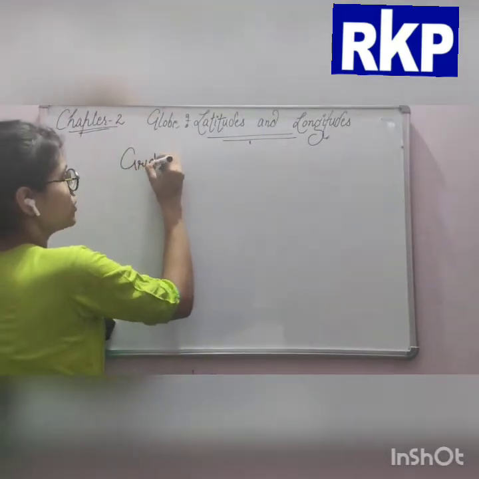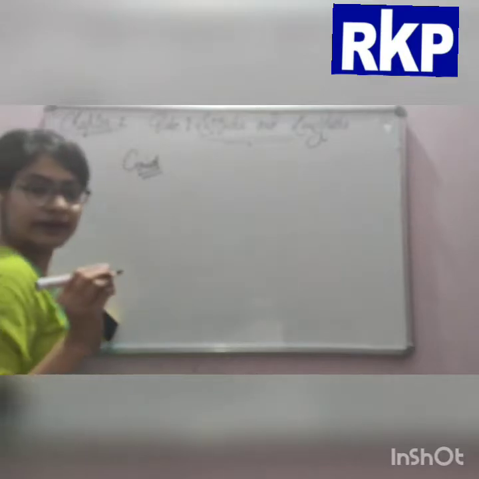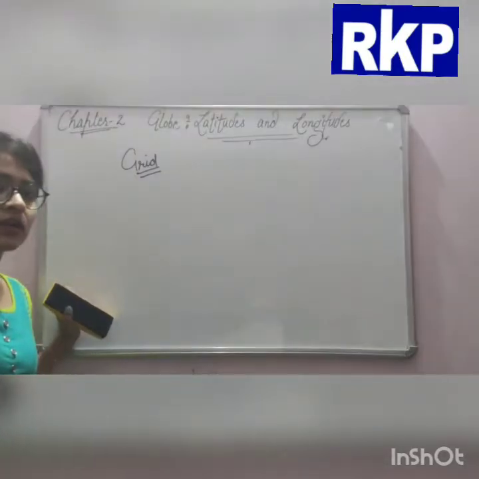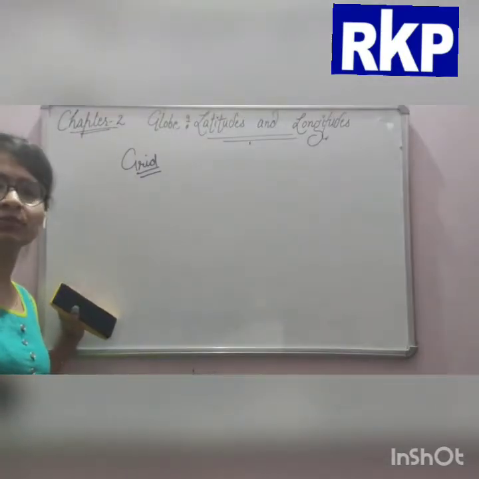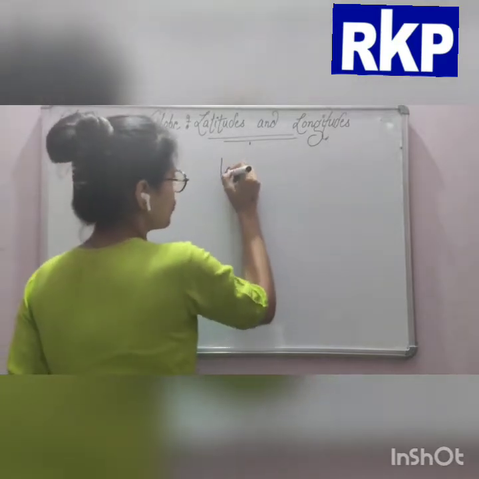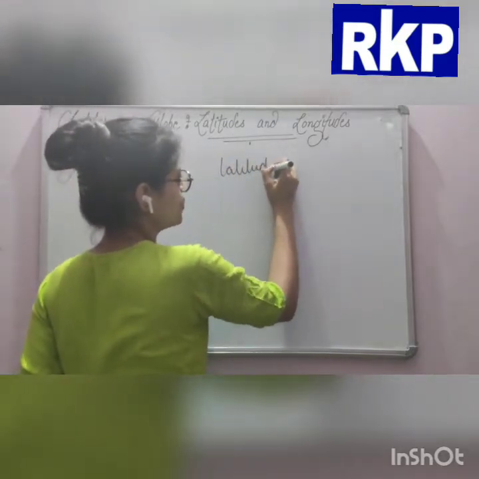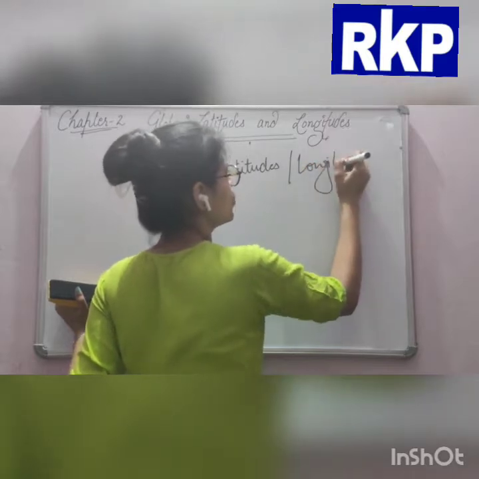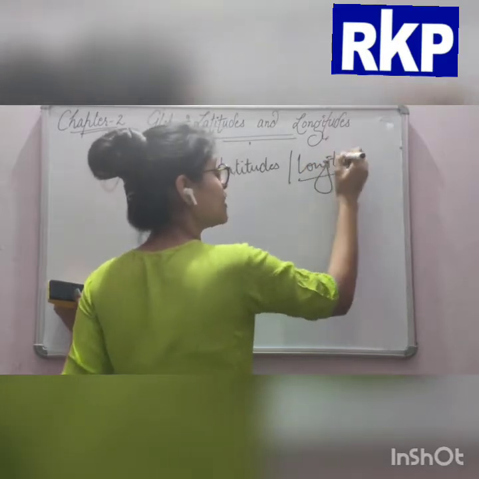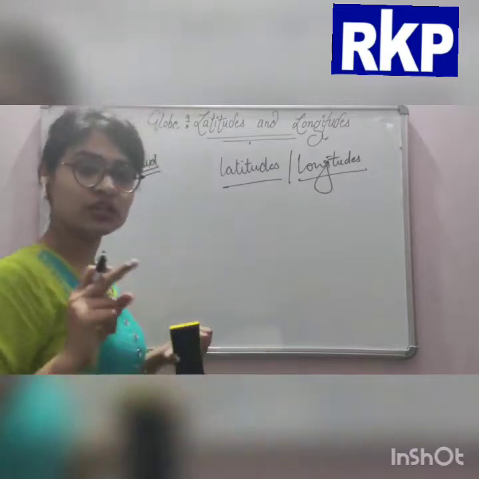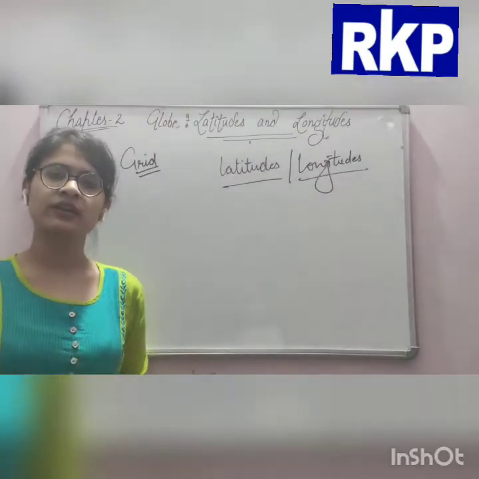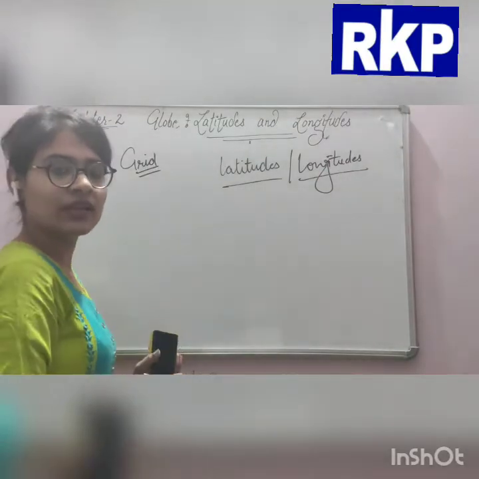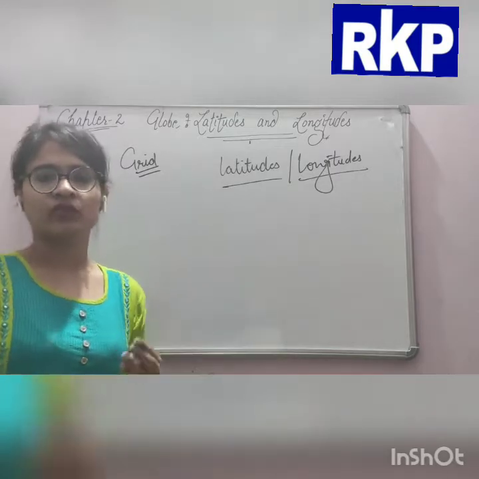So first of all, what are the required things for locating a place? These are latitudes and longitudes. If we are aware of these both things, only then can we locate our place, or tell the time of a place.